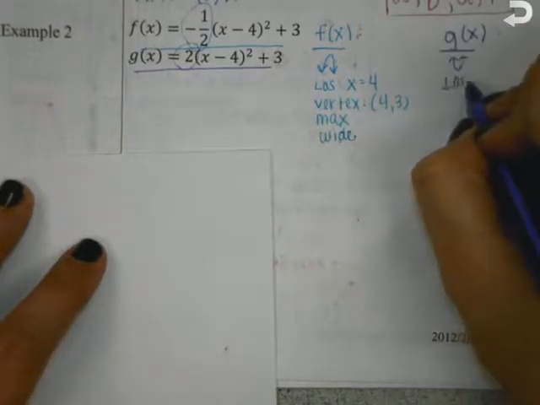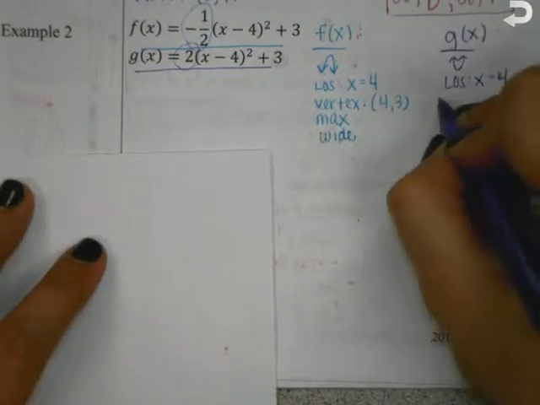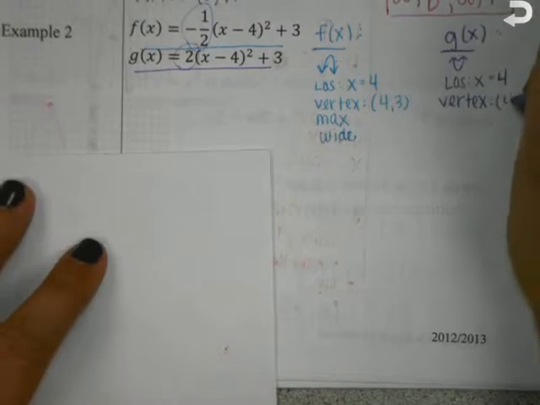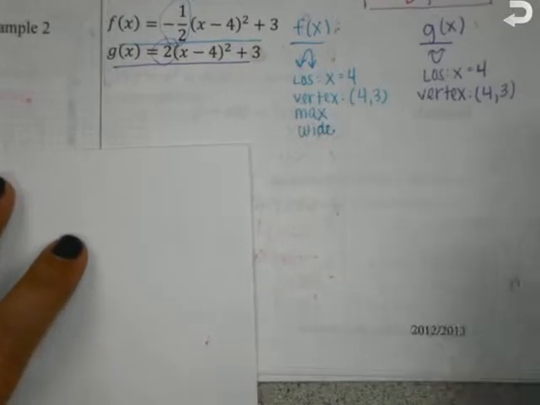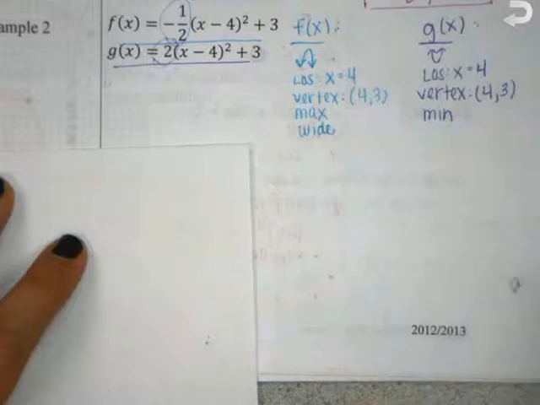Positive 4. What is the vertex? Vertex is positive 4, positive 3. Since this one's opening up, does it have a min or a max? Min. And because A is 2, does it open wide or is it narrow? It is narrow.